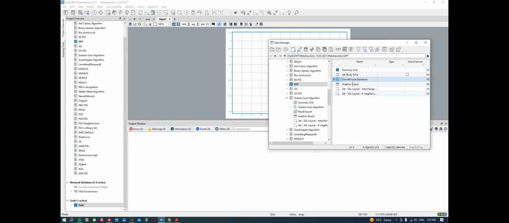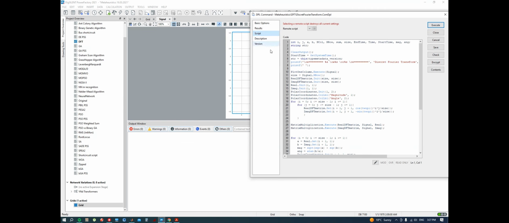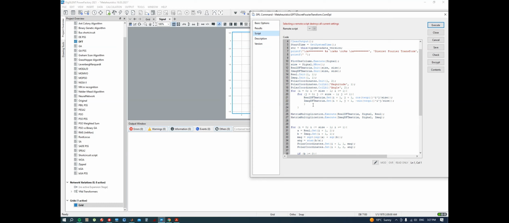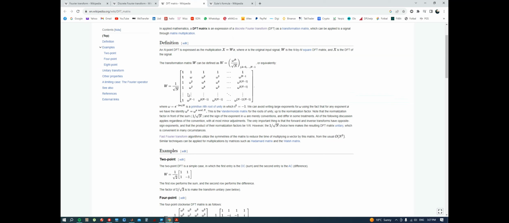So here we have the script, discrete Fourier transform. It's a very simple algorithm, which has two steps. The first step is computing the DFT matrix, and the second step is multiplying the DFT matrix with the signal. These are the steps that I previously showed you.